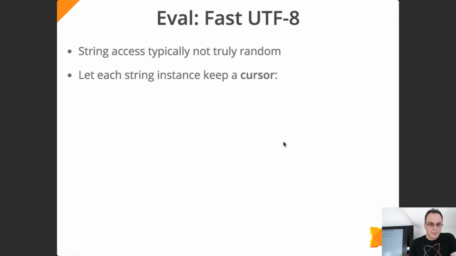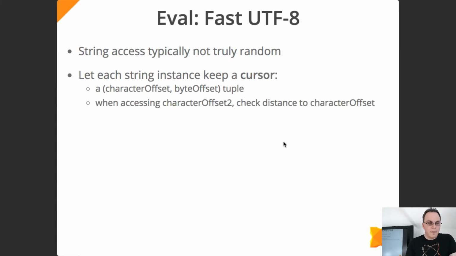So what this would mean is that each string instance would keep a tuple, which is a mapping of a character offset to a byte offset. So you would know that character 5 is at byte offset 7, for instance. And then, when we want to look at a different character offset, we would check the distance to the character offset we already have.